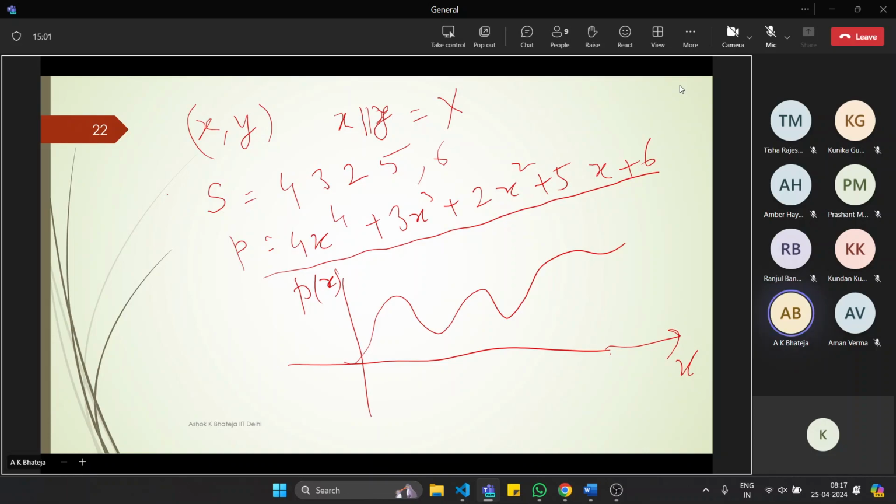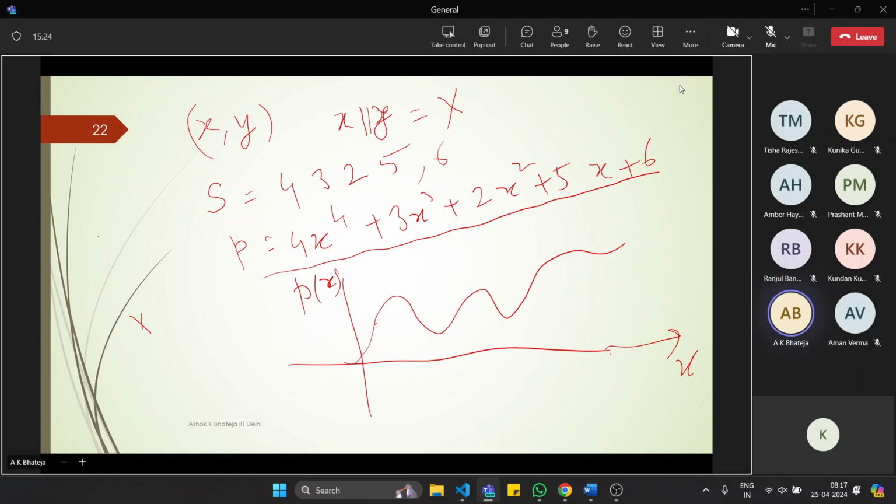So put this value of x in this polynomial, you will get something that you are assuming as y. So that has to be a point on this polynomial. Is it clear? Because we are finding the value of y or p(x) from this polynomial only. So that's why that will lie on this one.